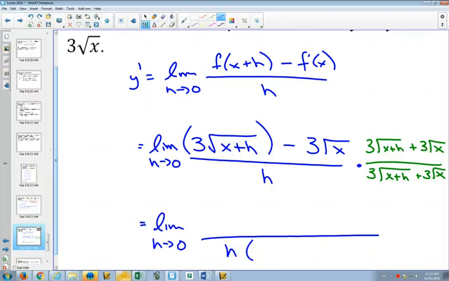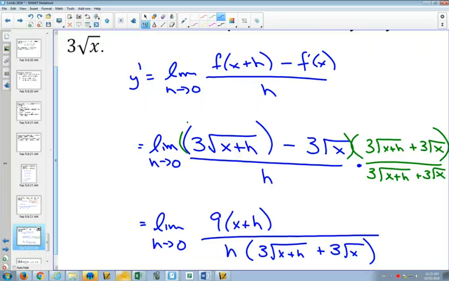On the bottom, we'll leave it factored. On the top, since this makes a difference of squares, we can multiply that out.